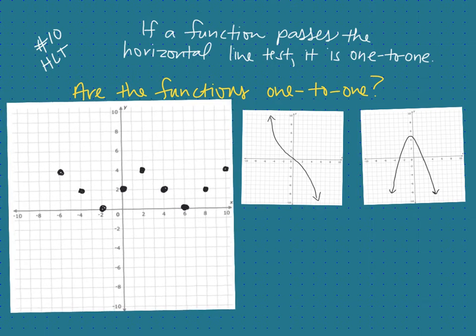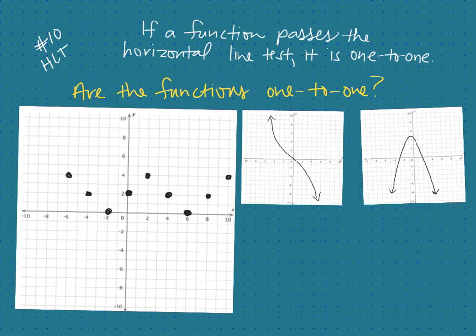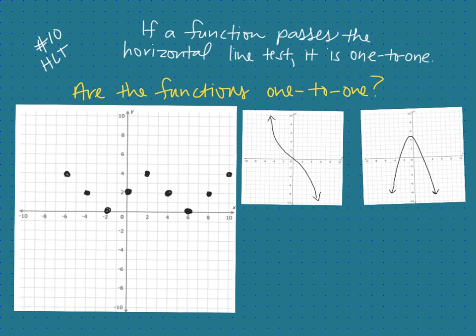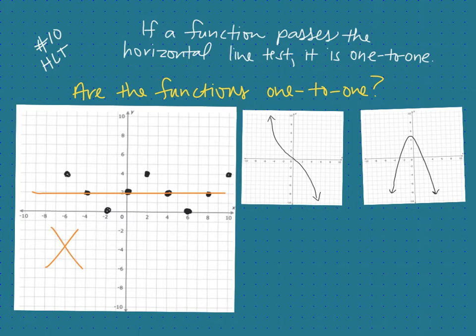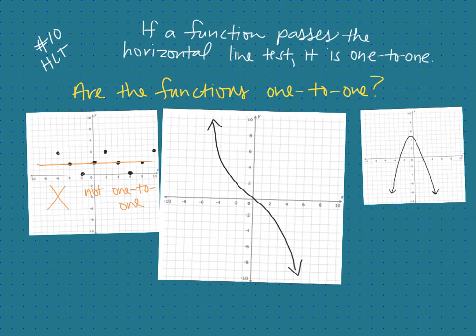Let's take a look at this first graphed function right here. I clearly can draw, and I'll draw in orange, a horizontal line and hit more than 1 time. This is not one-to-one. It's a function, but it's not a one-to-one function. Next, we have this cubic function. No matter how many horizontal lines I draw through it, I only hit at most 1 time.